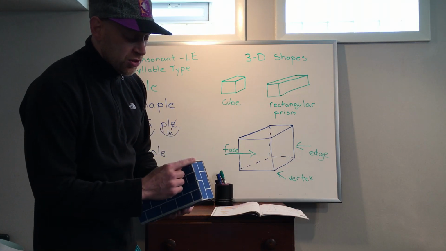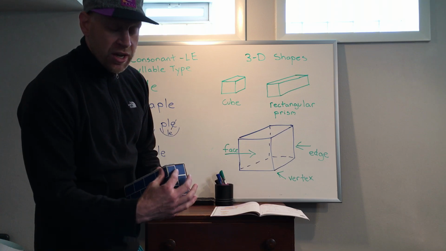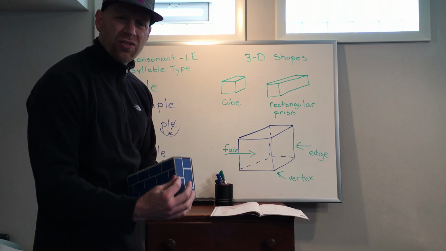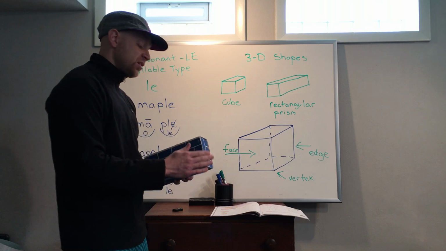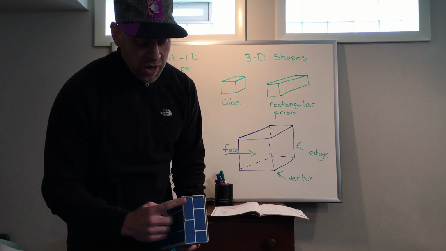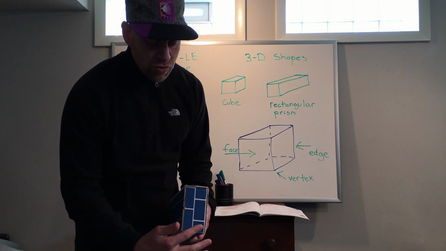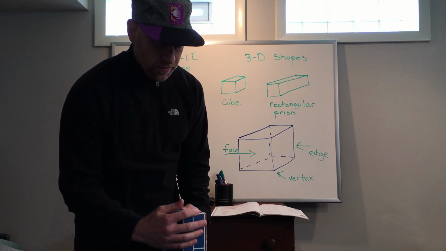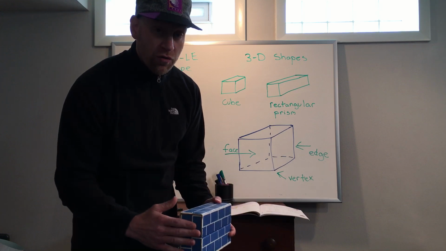Between the faces, that part that connects them, is the edge. So if we're counting that, we have 1, 2, 3, 4 here, which means we have 4 over here too.